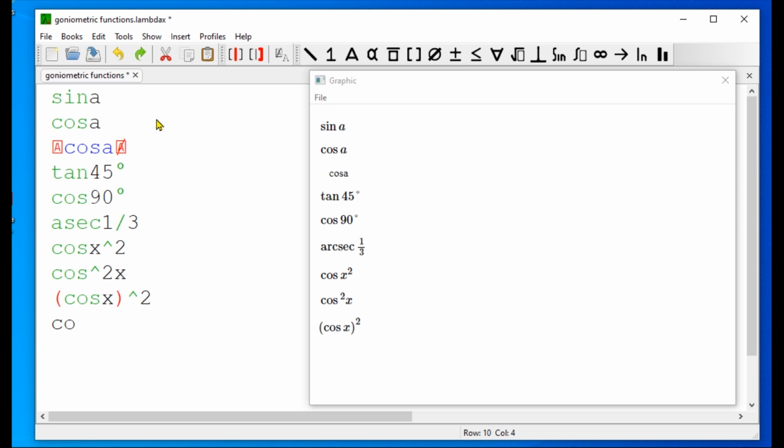For example, cosine of alpha can be written cosine, Greek prefix, A, and therefore the result will actually be cosine of alpha.